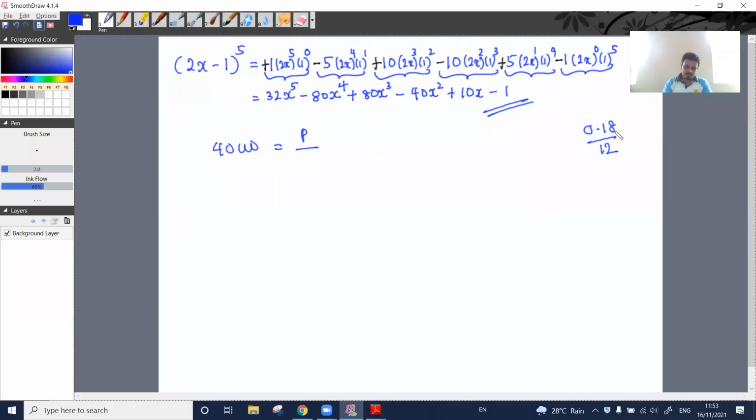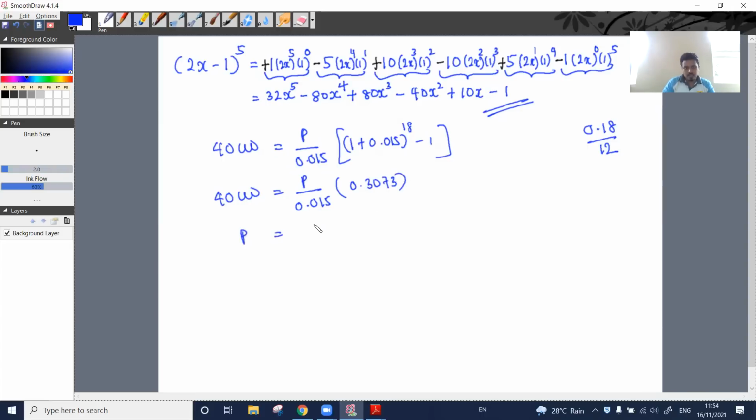What it should be? 0.015. 1 plus 0.015 to the power 18 minus 1. 40,000 equals, what is the value inside? 0.3073. Therefore, value of P should be equals to what?